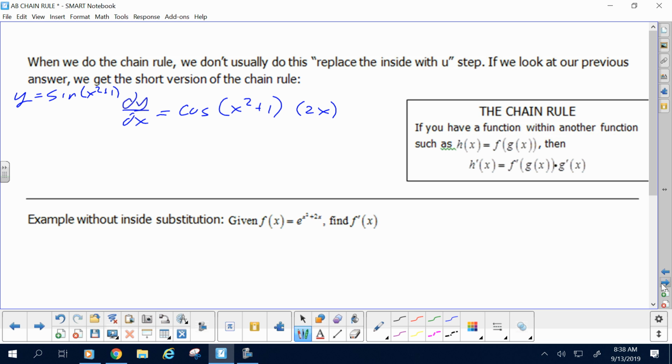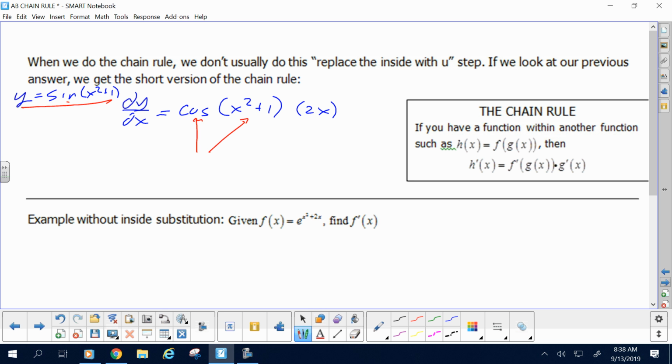Now, if you were to put this into plain old English so you can explain this to somebody in a more common sense or layman's way, this was the original function. The derivative was, first of all, cosine with x squared plus 1 still in it.